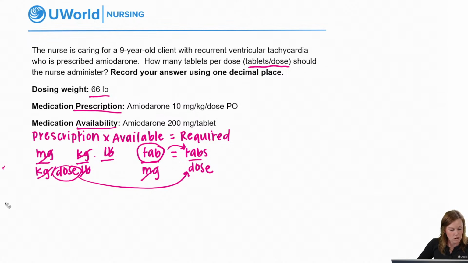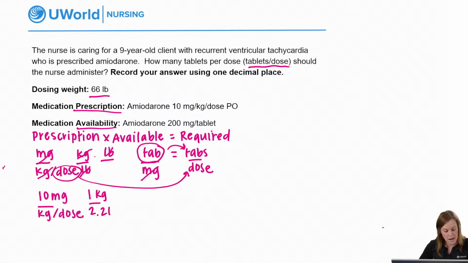So again, our prescription is available in 10 milligrams per kilogram per dose. We know that we need to convert our weight, so 1 kilogram is 2.2 pounds. Our client weighs 66 pounds.